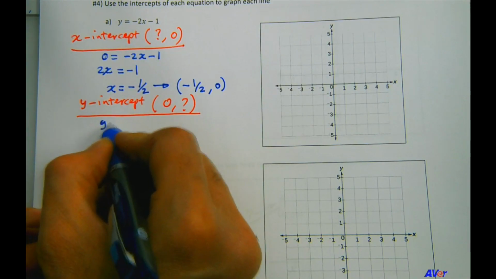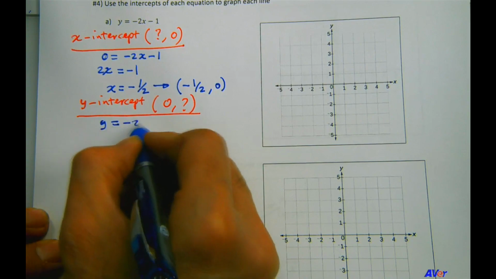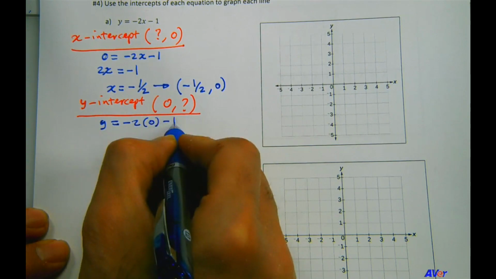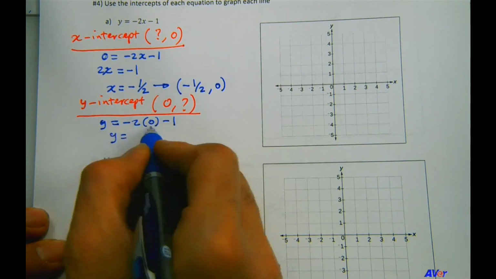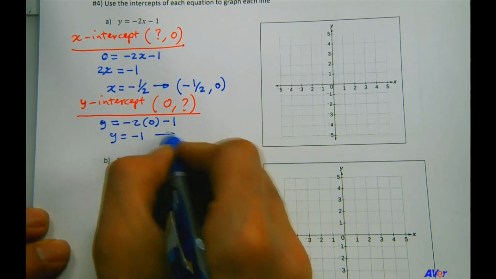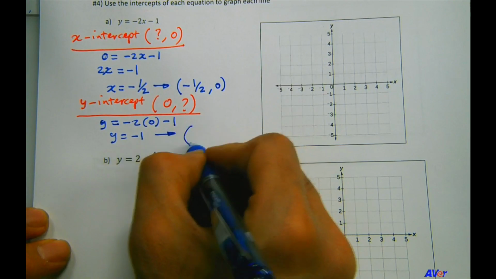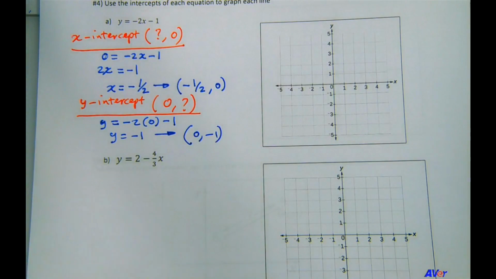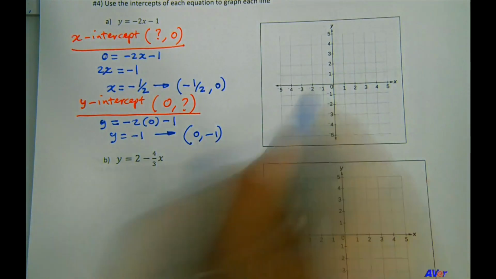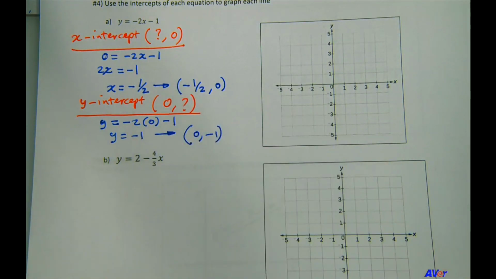So y equals minus 2 times 0 minus 1. Minus 2 times 0, 0 drops out. Y equals negative 1. So the y-intercept is 0, negative 1. Okay. All right, so let's plot these 2 points and graph this line.